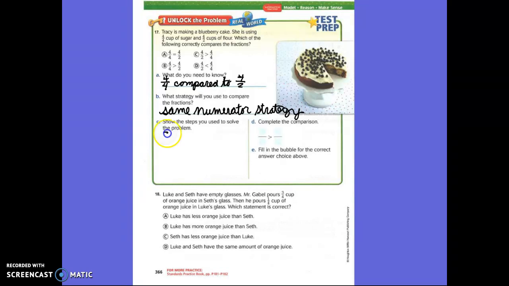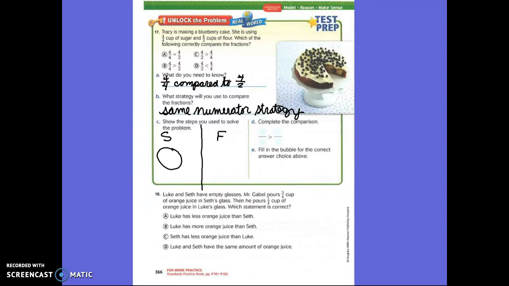So I'm going to put S for sugar and F for flour and split them. Now, let's draw a picture for sugar. If I were doing a fraction circle, I make my circle. Now, what is the fraction for sugar?